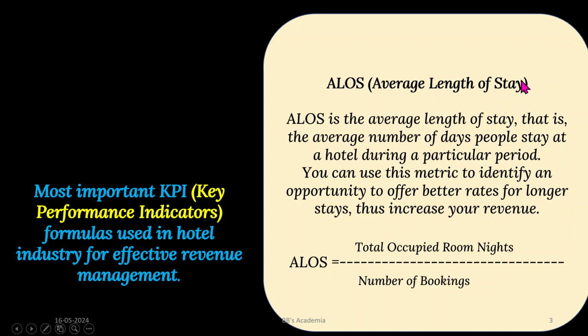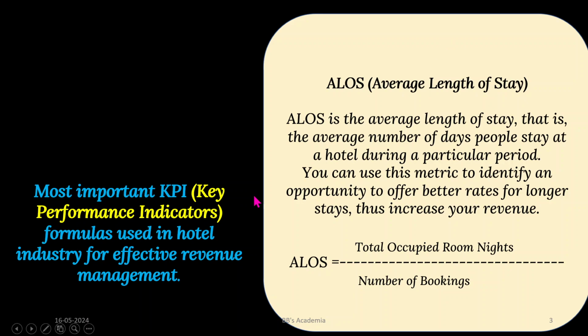Average length of stay, when you know that if that tool is telling you average length of stay of your guest is 2 days or 3 days, now you can give some attractive rate so that people can incline for staying 1 day or 2 days more for their vacation or for any other purposes they have come to hotel. So that will generate more revenue.